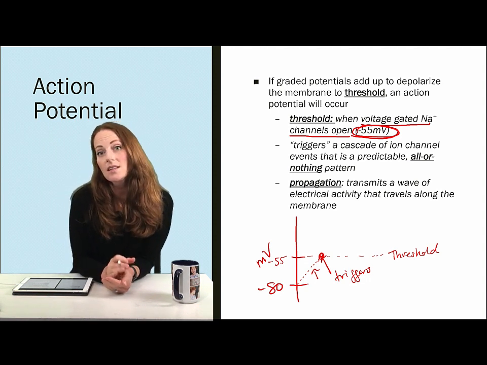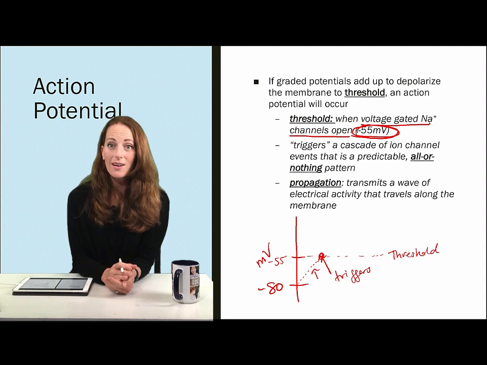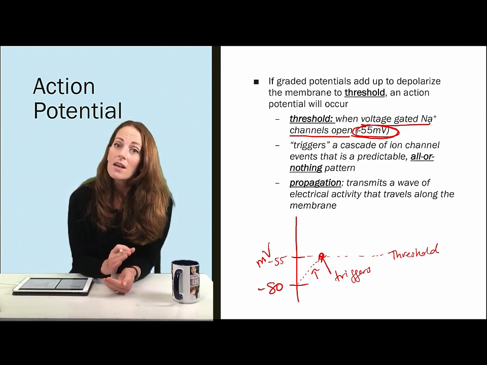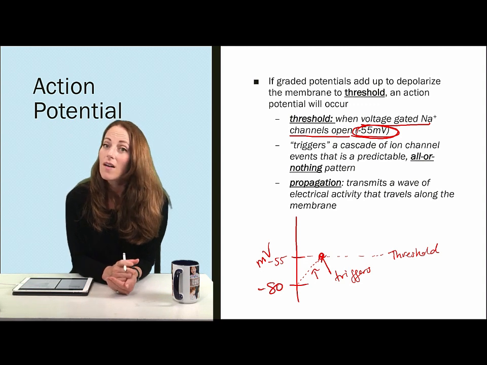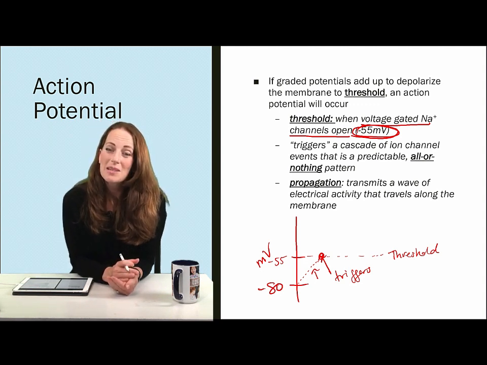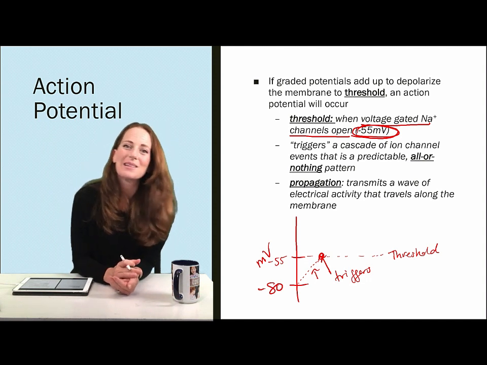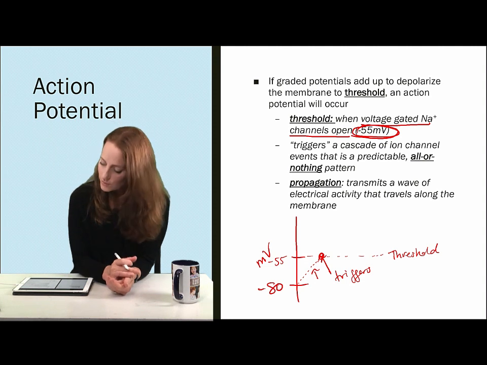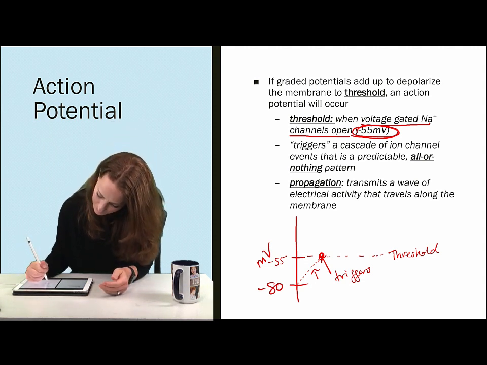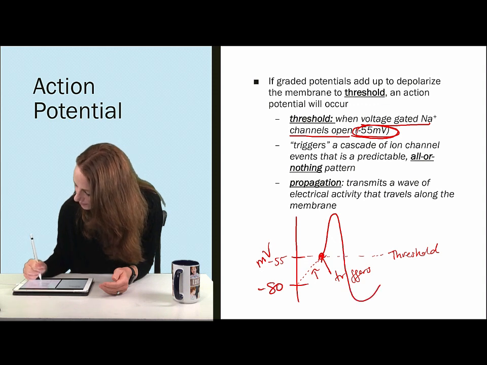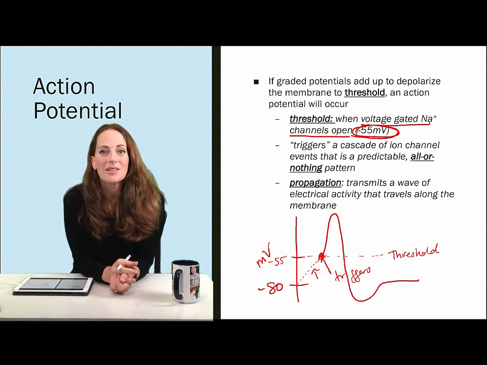Once the voltage-gated sodium channels are triggered, we're going to have an all or nothing pattern of action potential that follows. If you don't get to threshold, you don't have an action potential, and you simply go back to the point where you're adding up graded potentials until you can reach threshold. So once it triggers, then we'll get a full completion of the action potential.